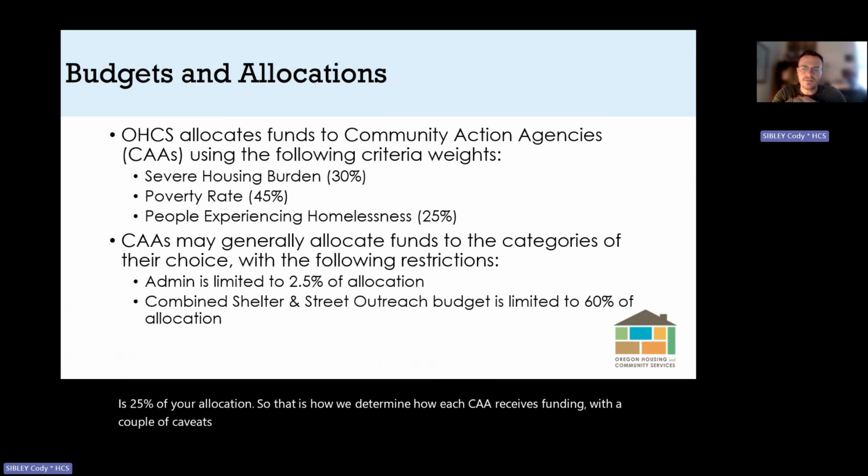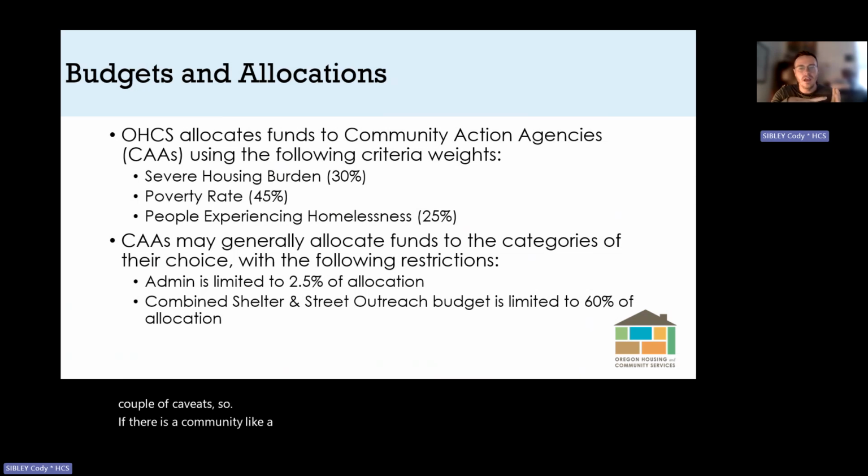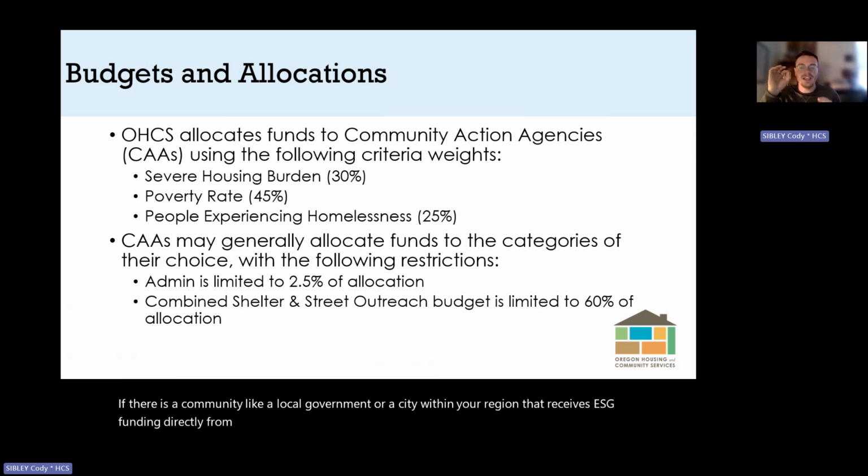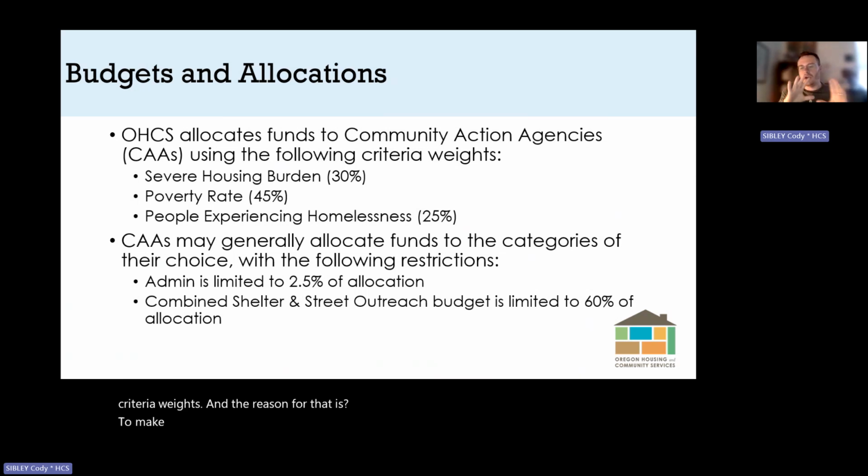So if there is a community, like a local government or like a city within your region that receives ESG funding directly from HUD, we actually exclude that region from these criteria weights. And the reason for that is to make sure that we're serving all areas of the state.